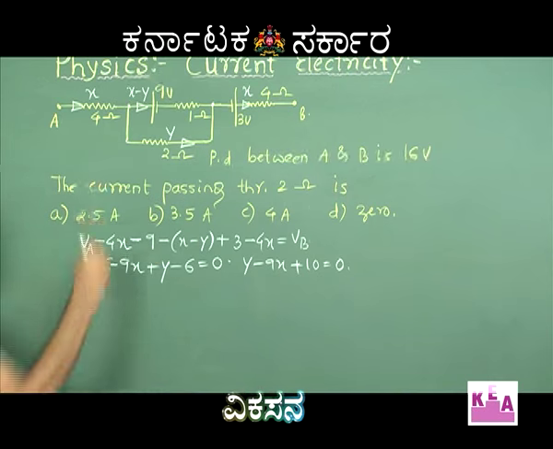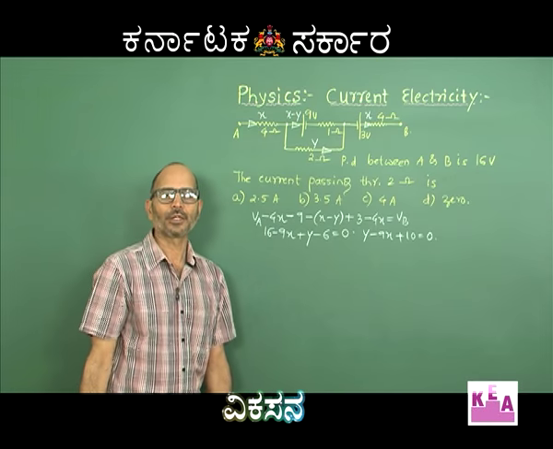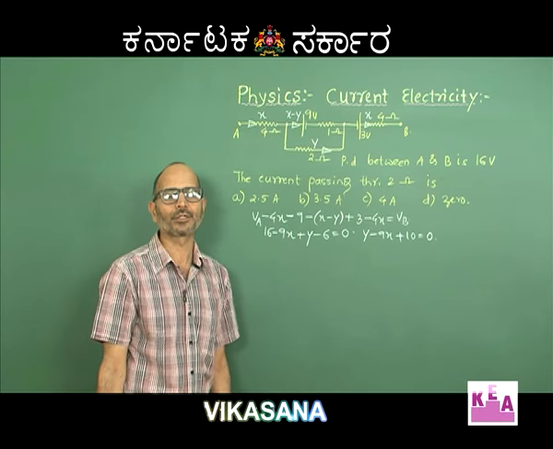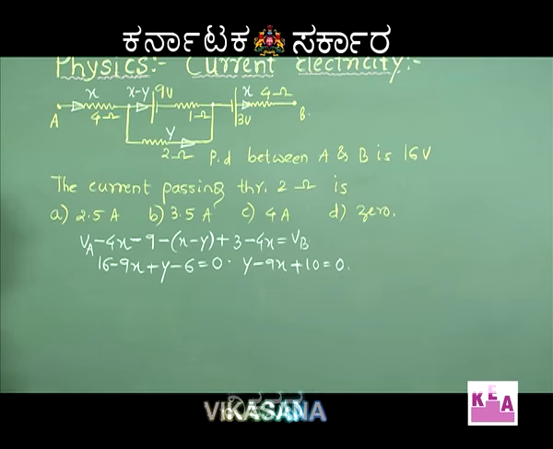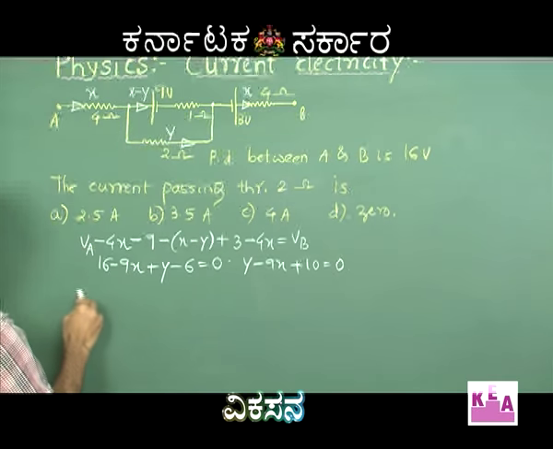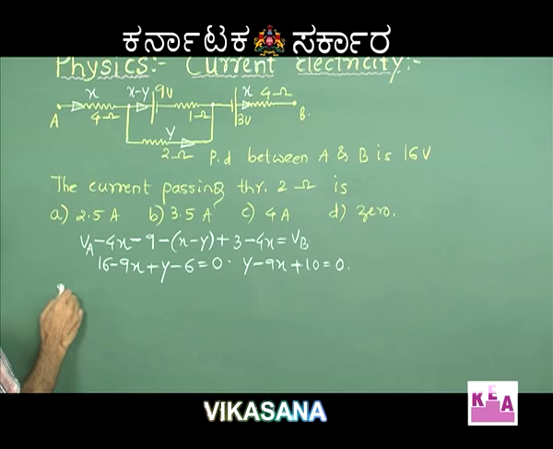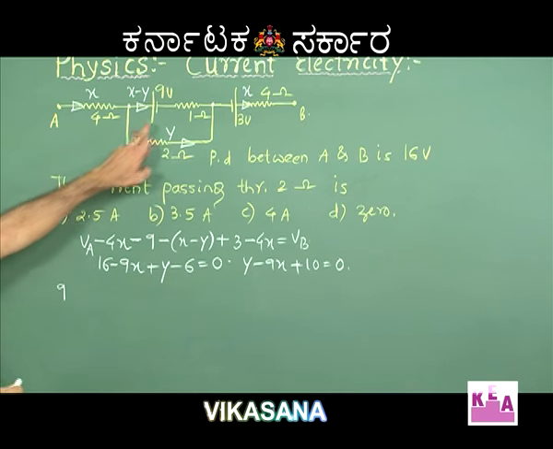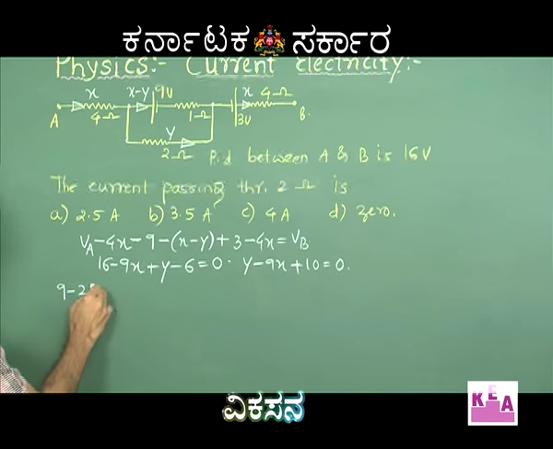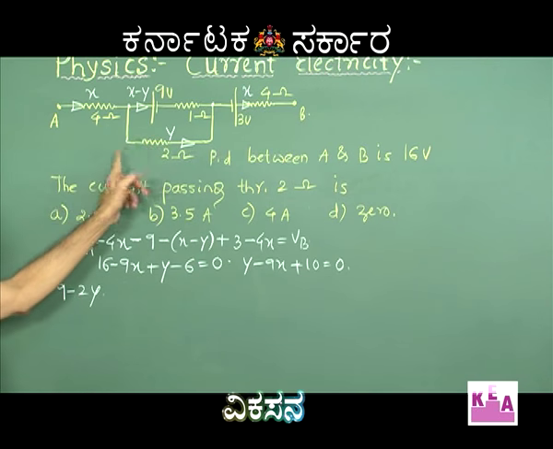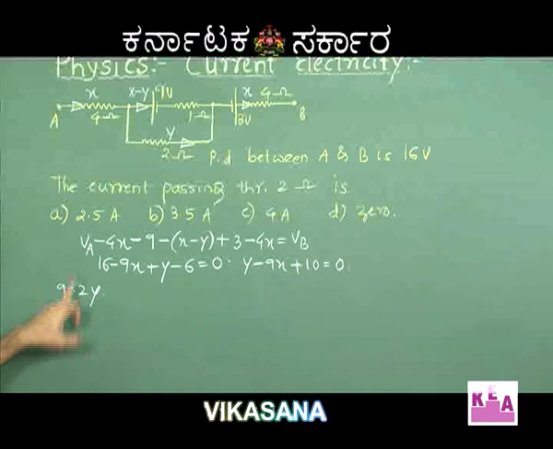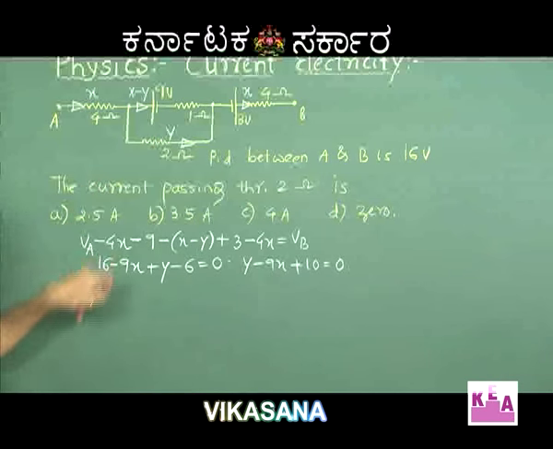Now, just take this particular loop here and write one more equation in x and y, and then let us solve them simultaneously to get the values of x and y. If you go around this loop, starting from here, negative to positive, plus 9. In the direction of the current, minus 2y, since I am travelling in the direction of the current, there has to be a potential drop given by IR, where I is y and R is 2.